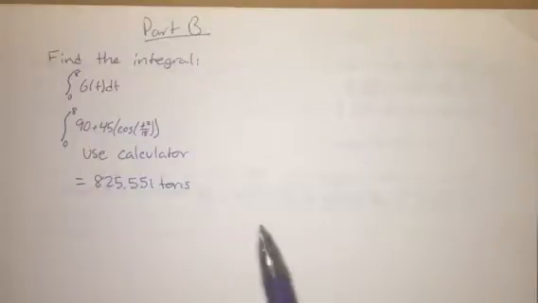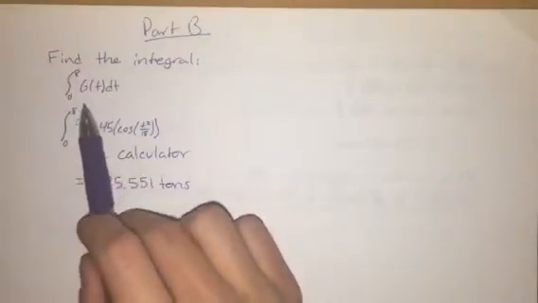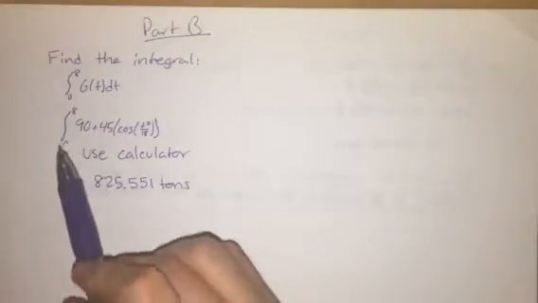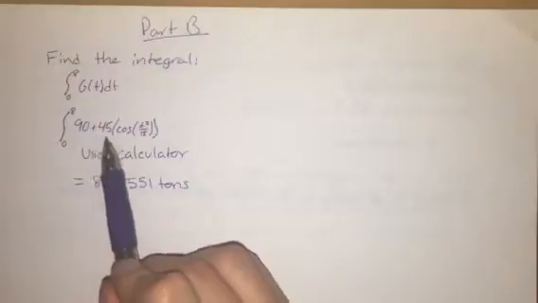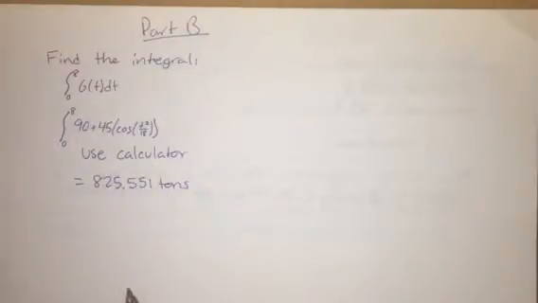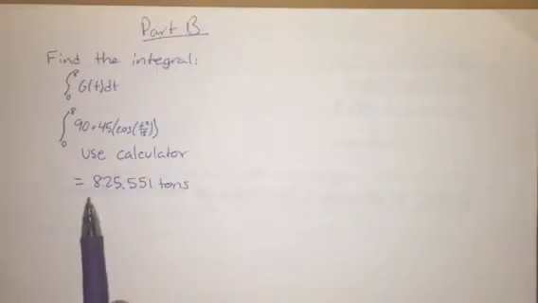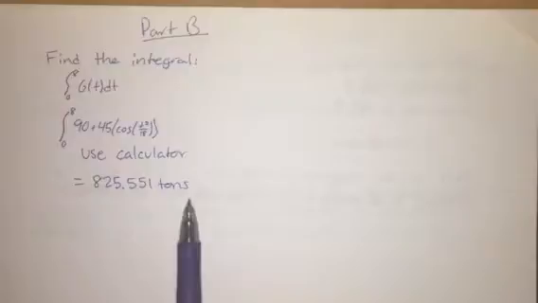This pretty much means we just need to find the integral, which is the integral from 0 to 8 of g of t dt, which then means it's the integral from 0 to 8 of 90 plus 45 cosine of t squared over 18. And since this is a calculator active problem, we can plug that into the calculator, and that would give us 825.551 tons.